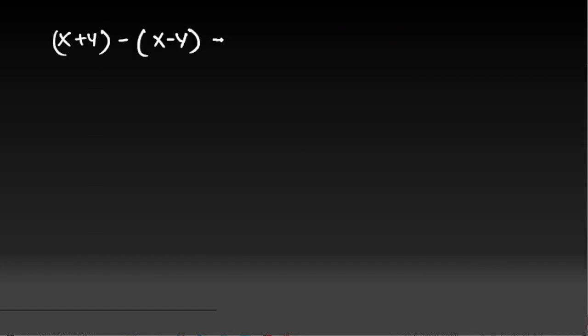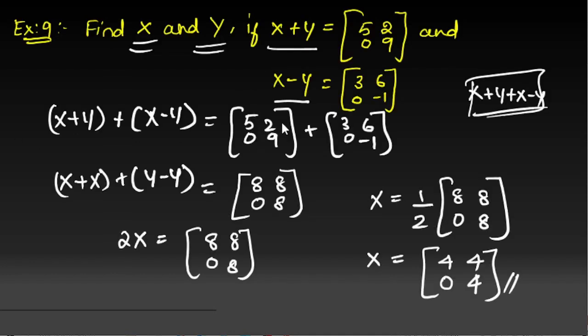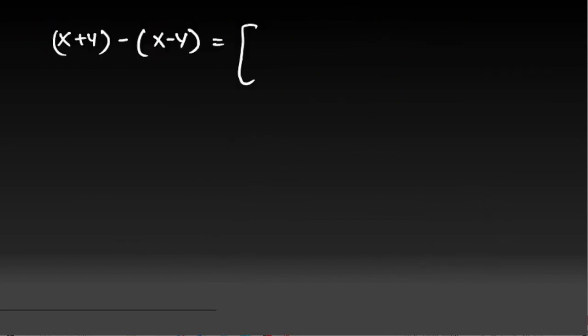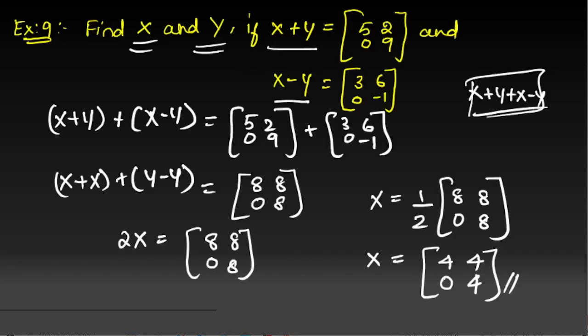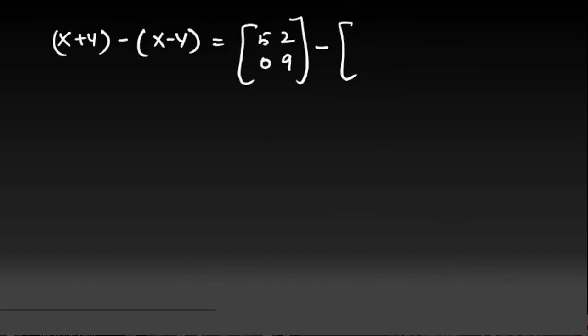First x plus y is the matrix 5, 0, 2, 9, minus x minus y, which is the matrix 3, 0, 6, minus 1. Okay, so how do we subtract here? Now listen, x plus y is there. If you just expand it, what would happen here?